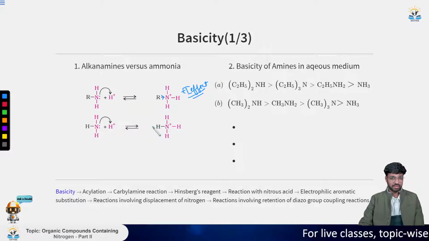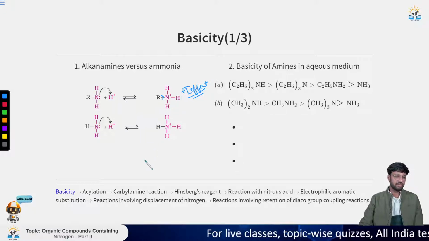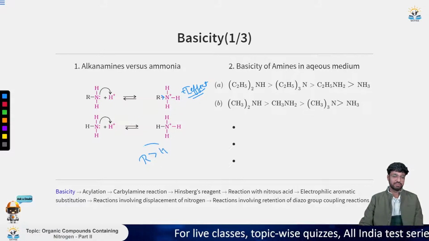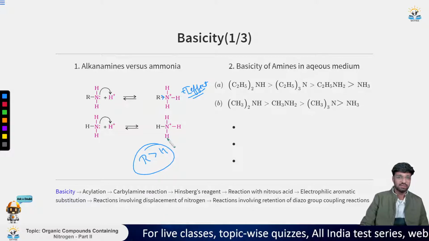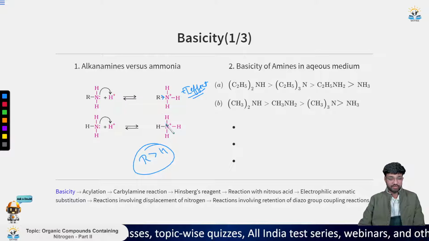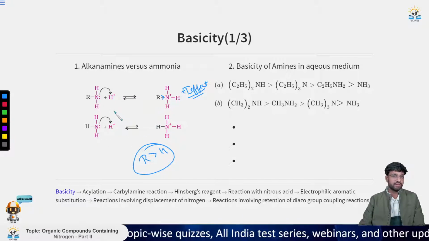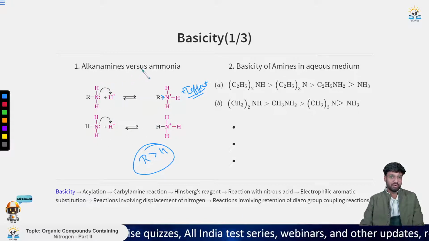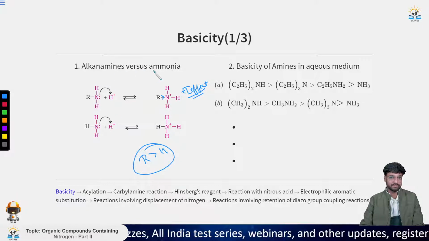But in the ammonium ion, there is no such group. All three are hydrogen, and hydrogen's plus I effect is smaller than that of an alkyl group. Due to this reason, the conjugate acid formed from this base is more stable compared to that of ammonia, for the alkylamine.